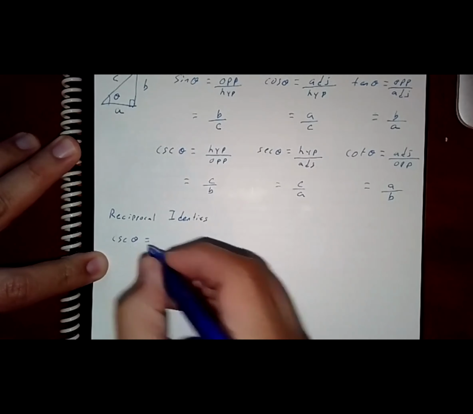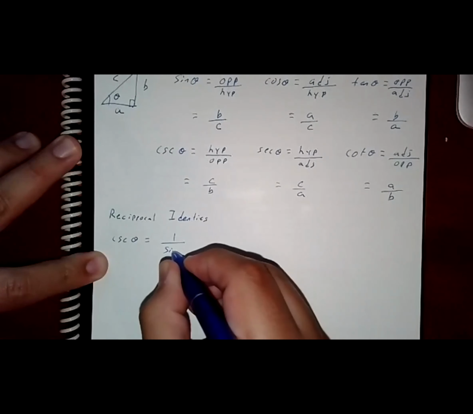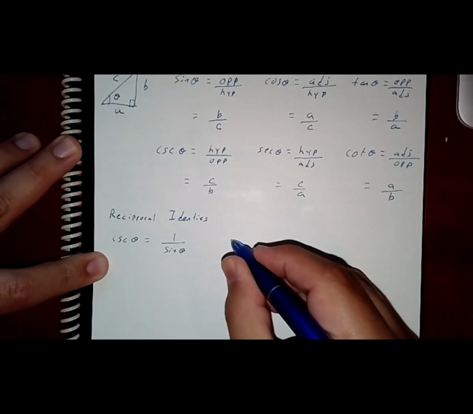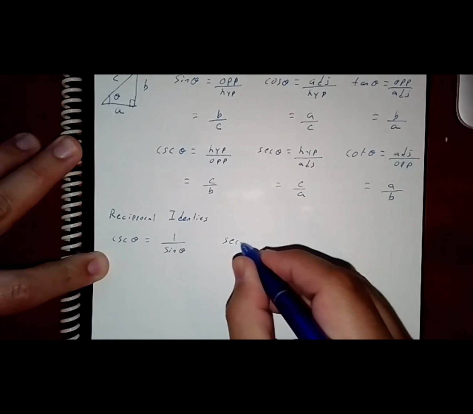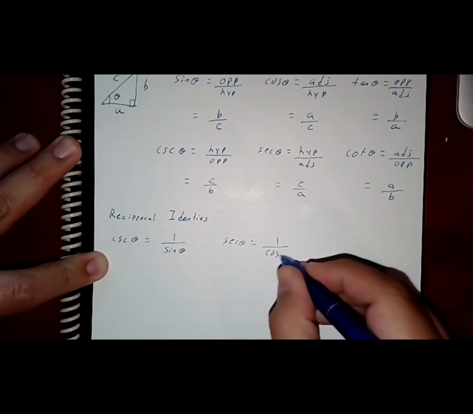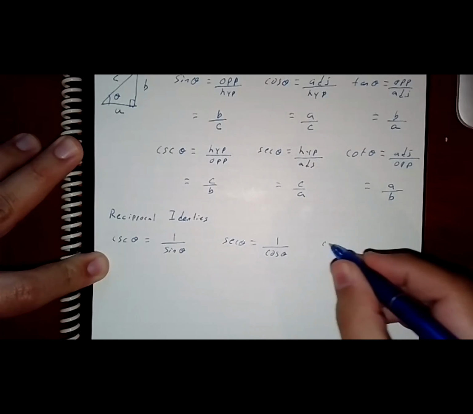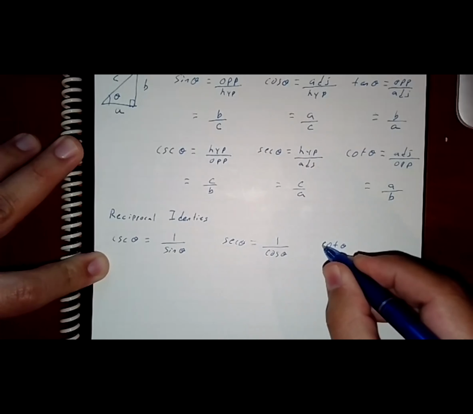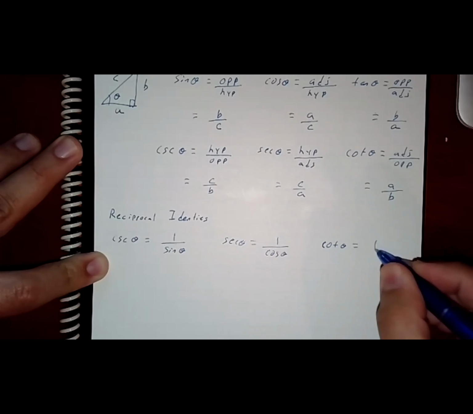Cosecant theta is equal to 1 over sine theta. Secant theta is equal to 1 over cosine theta. Cotangent theta is equal to 1 over tangent.